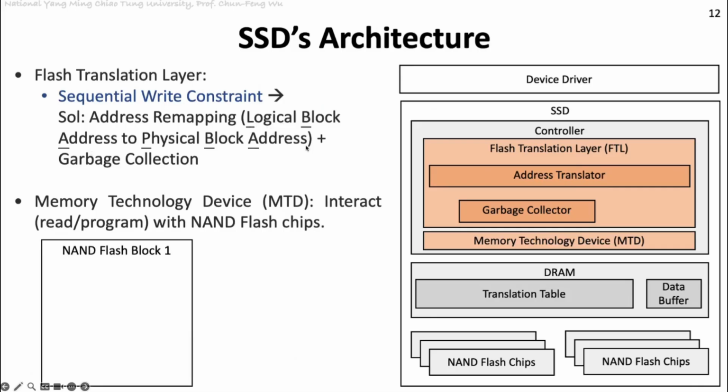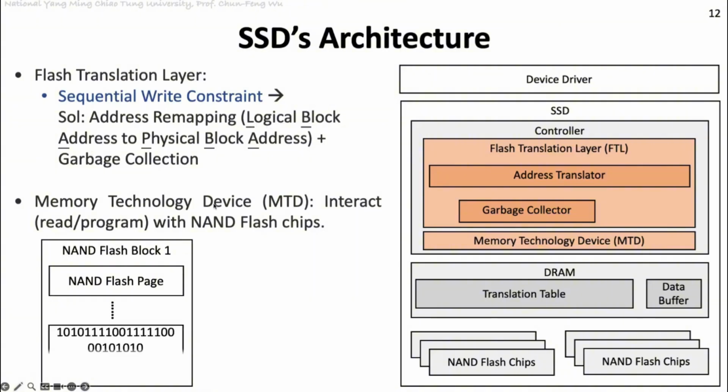So let me give you an example. If this is a NAND flash block, block 1, there are several pages inside. This is one page, and the logical block address is 500, and the physical block address is 800. As you already know about virtual and physical, the virtual address is what a user program or application can know.